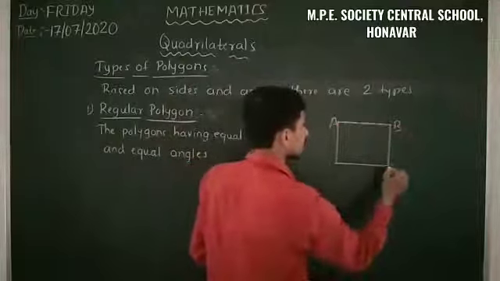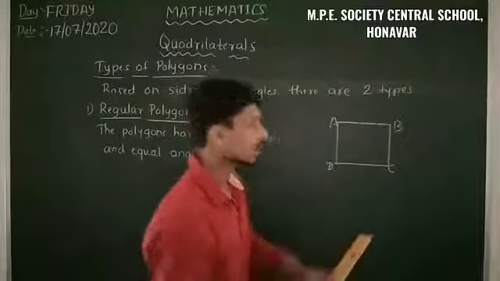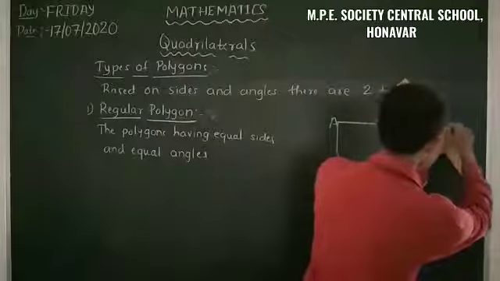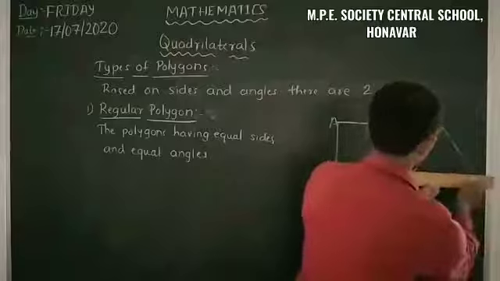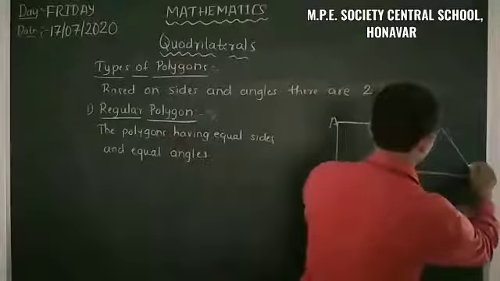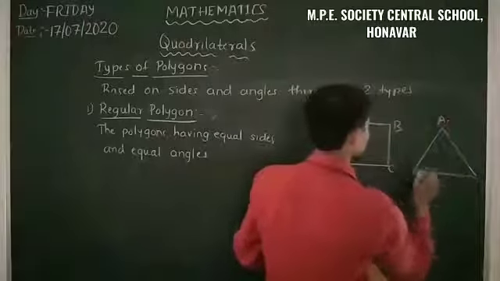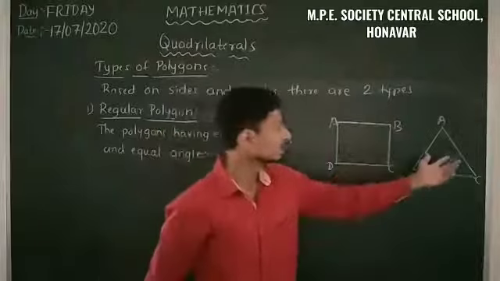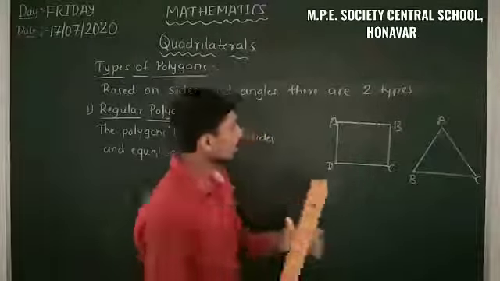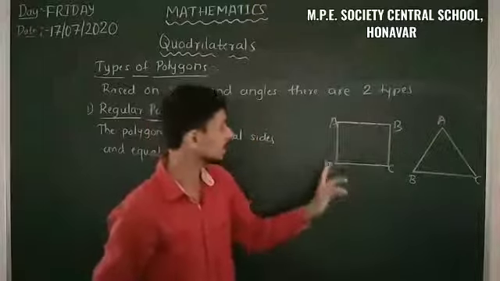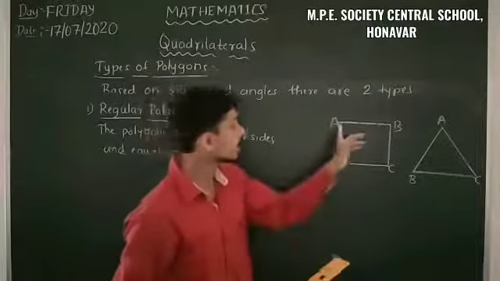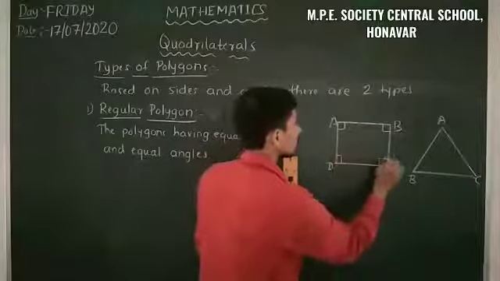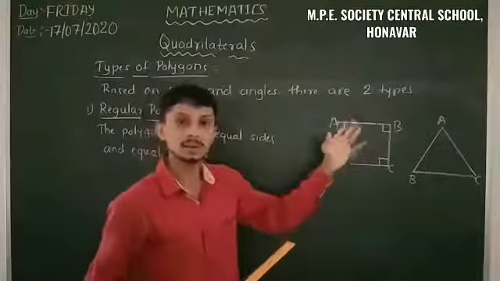We can call it A, B, C, D. It is a quadrilateral. Here all the sides AB, BC, CD and DA are of equal length and all the angles are 90 degrees. So that means it's a regular polygon.